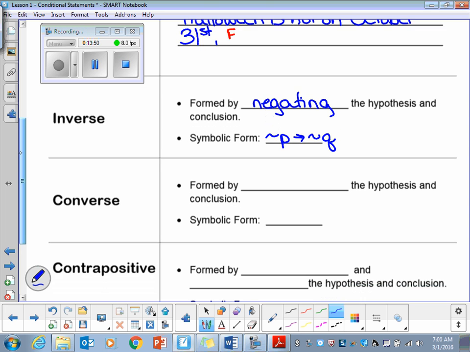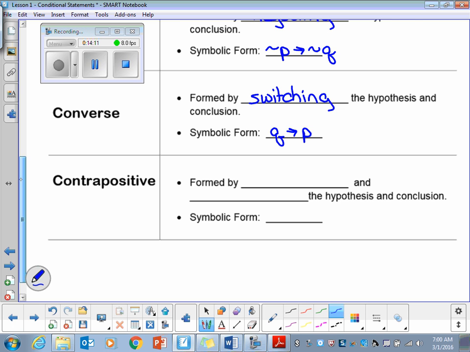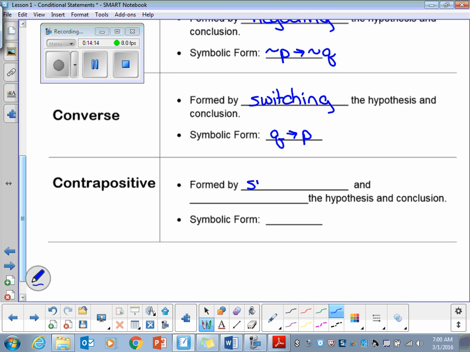The converse is formed by taking your conditional statement and switching the hypothesis and the conclusion. So instead of P then Q, I'm going to say Q then P. The contrapositive is formed by switching and negating the hypothesis and the conclusion.